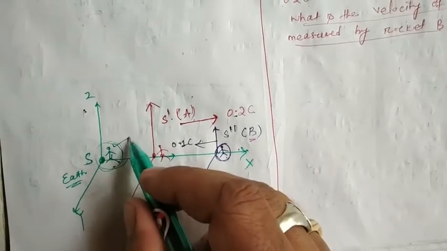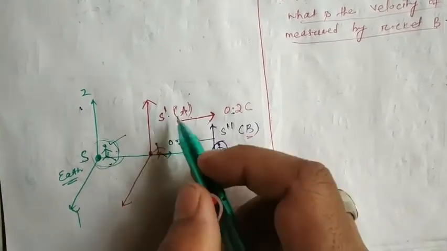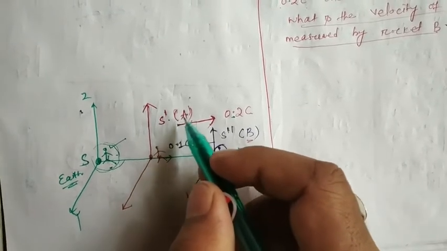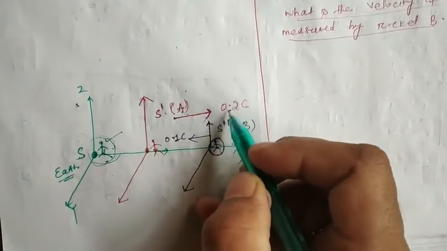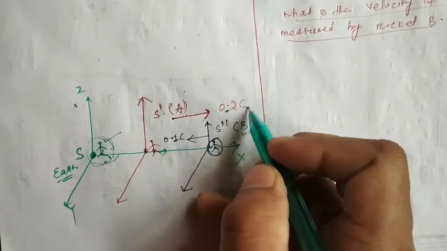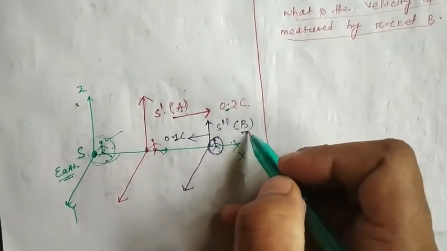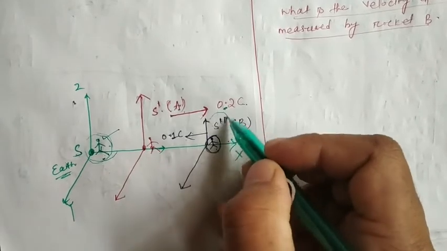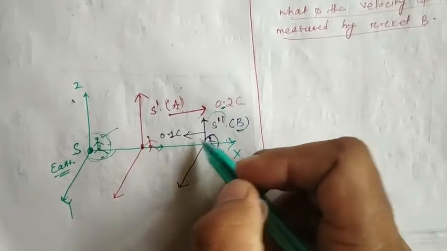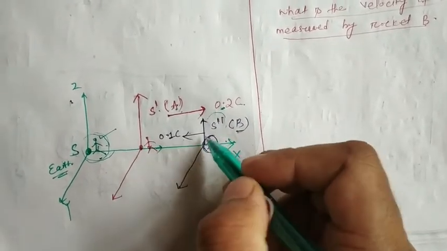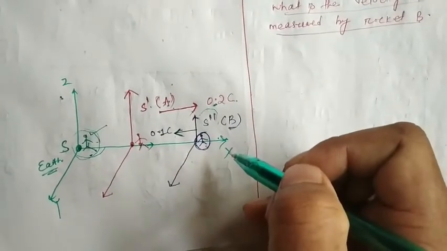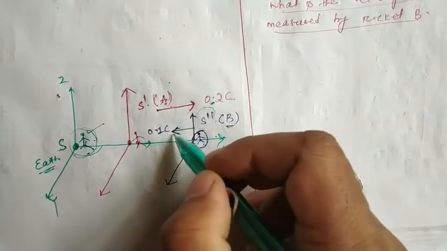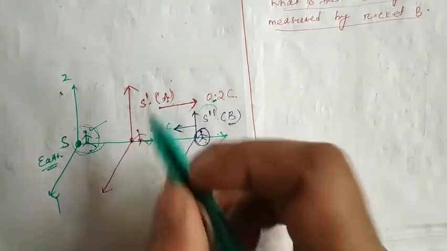With respect to earth, the S dash frame, or rocket A, moves towards this side with velocity 0.2 c. Another rocket B, or frame of reference S double dash, is moving with velocity 0.1 c in the opposite direction of this S dash frame.